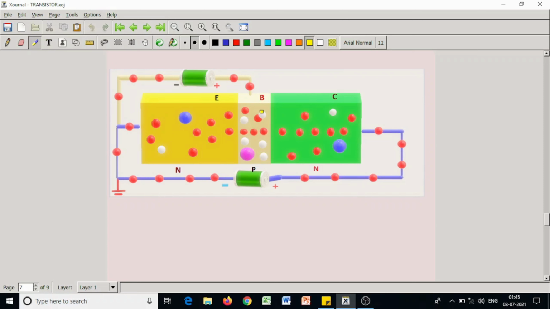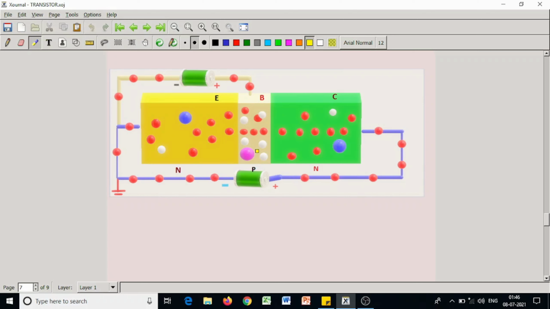The base is made very narrow in comparison to emitter and collector, so that recombination between electrons and holes becomes negligible, so that the remaining electrons reach the collector and are collected by the positive terminal of the collector battery.